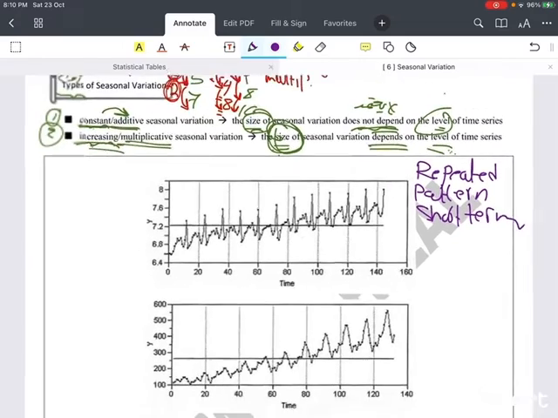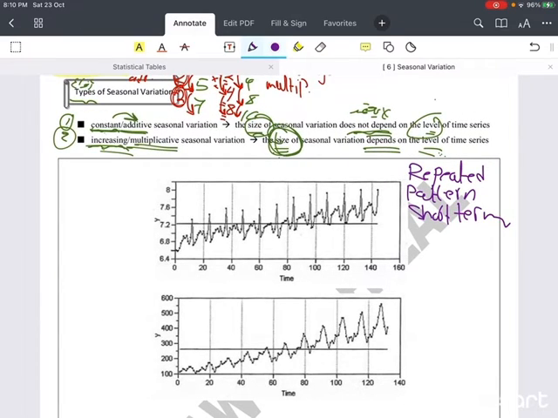For short term, okay? So we will go for the first graph. We will check: do we have repeated patterns? You will see that the pattern is repeated. A rule that repeats. So we have a repeated pattern in this graph.